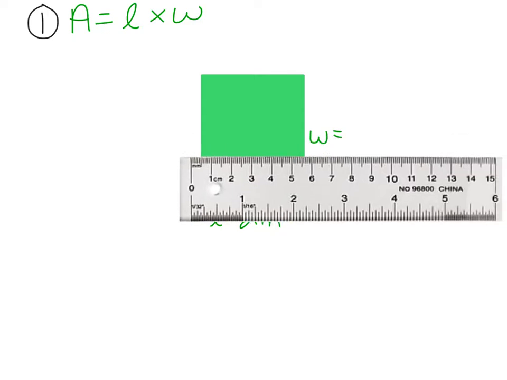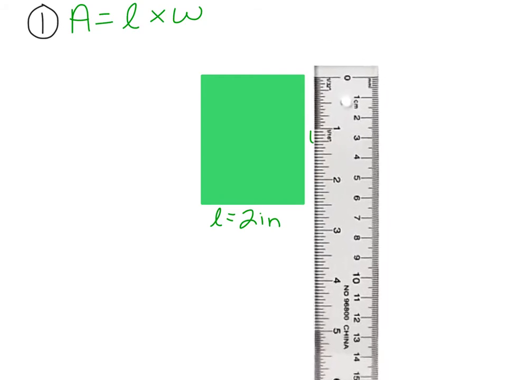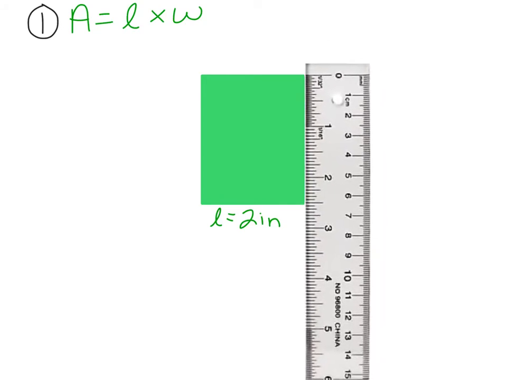Now I have to find the width. I'm going to turn my ruler and line up the top with 0. Let's look. The top is lined up with 0. Beautiful. Now I need to look down here. I know I've got 2 whole inches.